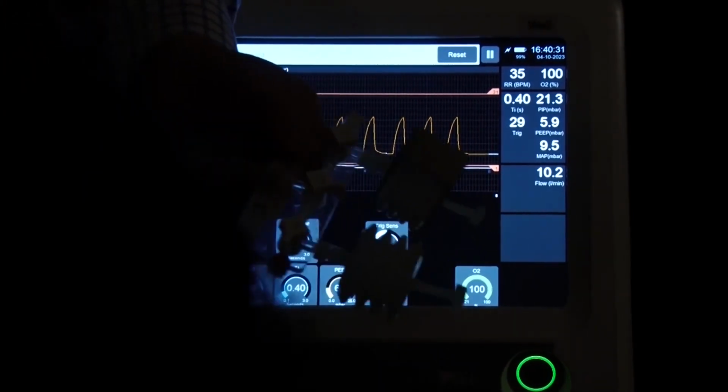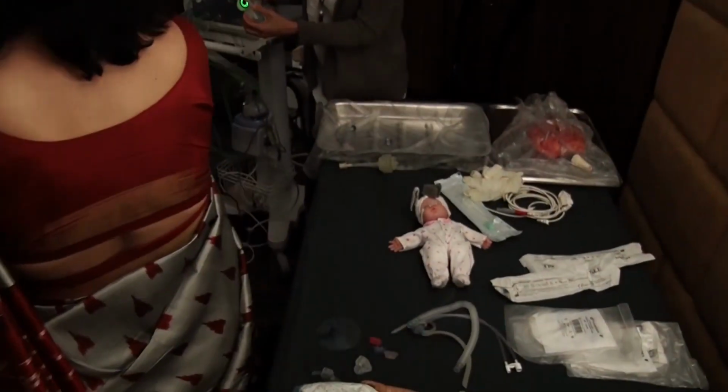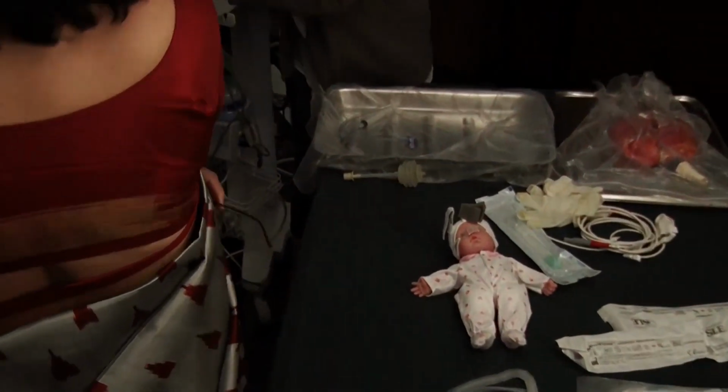Do you want a non-recoil one? No, I just need a match. What size do you have? And then high frequency. In this situation, it's just high frequency because we've got an ET tube. You can see the settings are exactly the same, but in non-invasive you'll have a big leak.